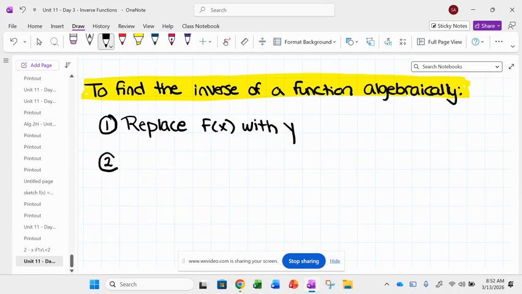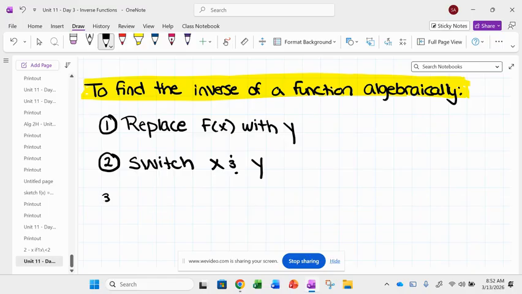Our second step is going to be to switch x and y, which makes sense because when I give you a set of points and I say find the inverse of these points, we literally just switch x and y. So it makes sense if I'm giving you an equation, we're going to switch x and y.